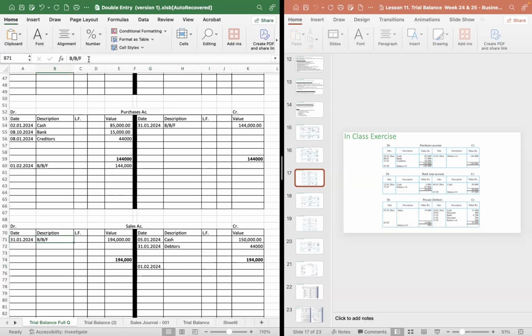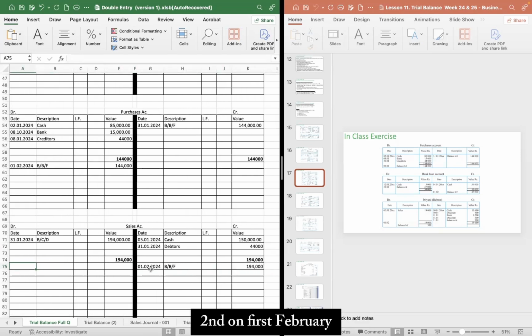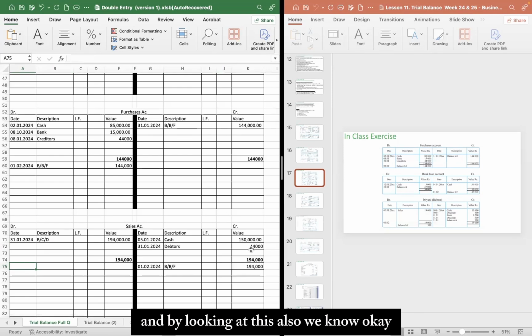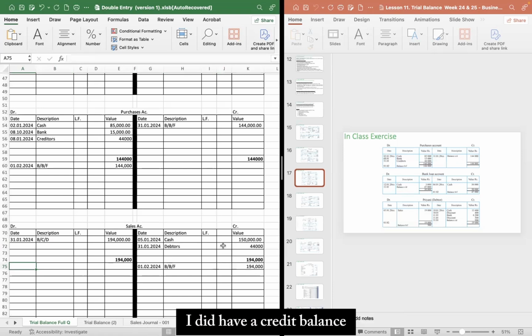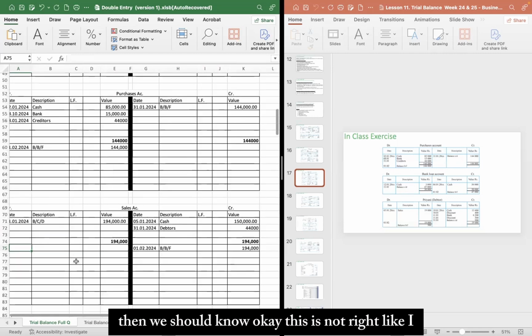So on 1st February, the sales account has a 1,94,000 credit balance. By looking at this we know this is fine, because the sales account should ideally have a credit balance. And if somehow it has a debit balance, then we should know this is not right.